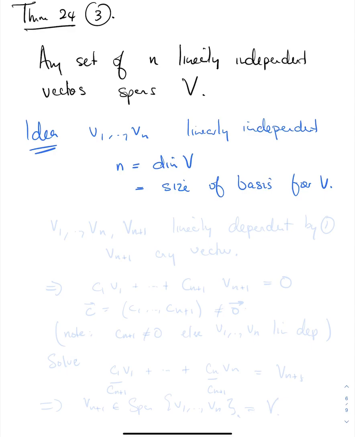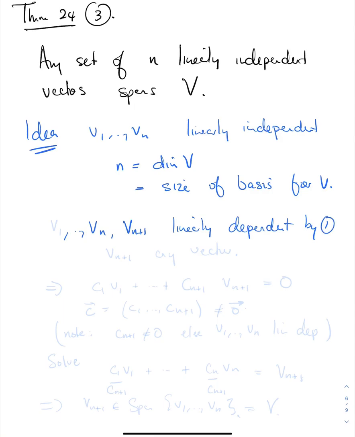So, by 1, V1 through Vn, and then you add on a Vn plus 1, is going to be linearly dependent by 1.